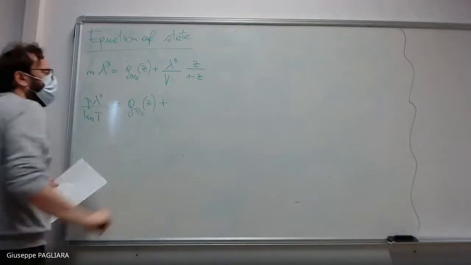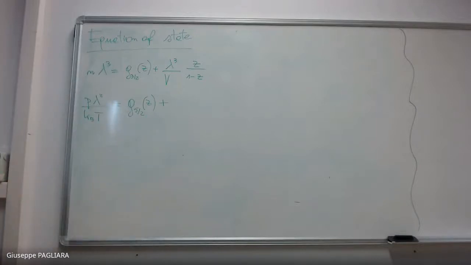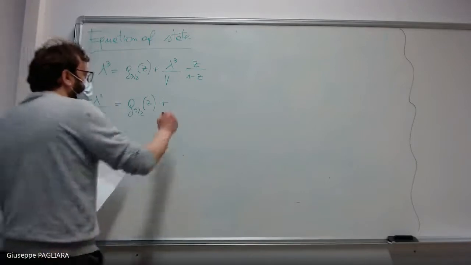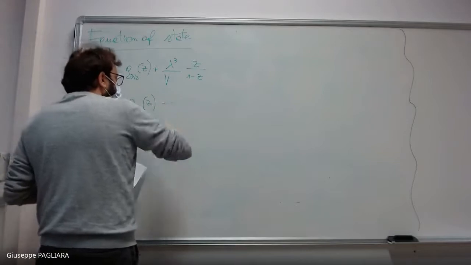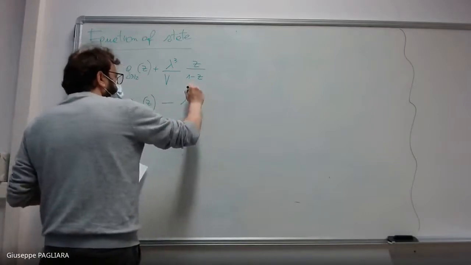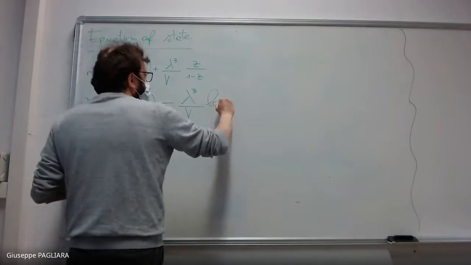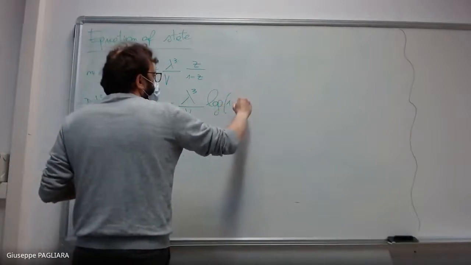Now, if we look at our notes, when we derived the equation for the boson gas, we had an additional term here, which is provided by the following formula. So minus lambda cubed divided by the volume, and here I have a log of 1 minus z.